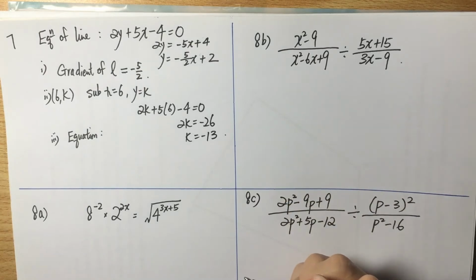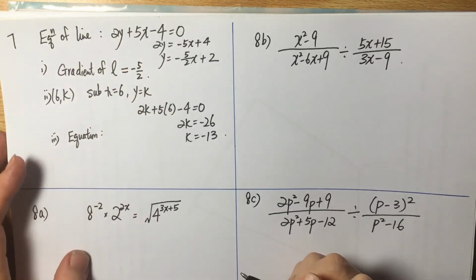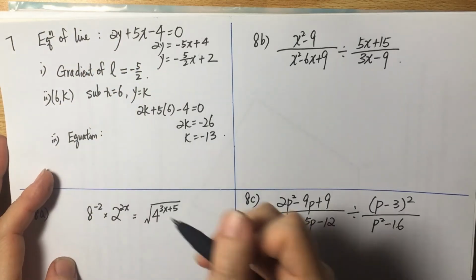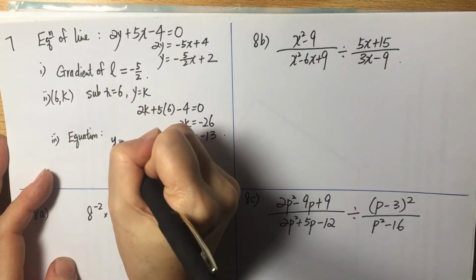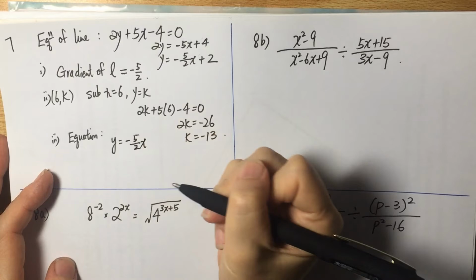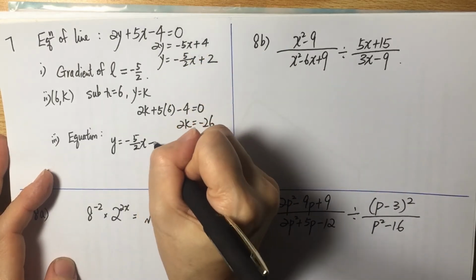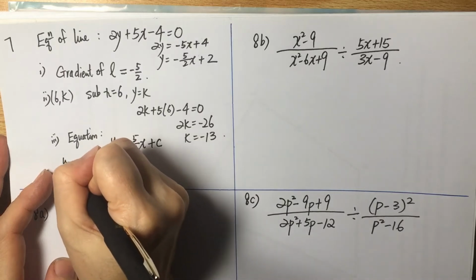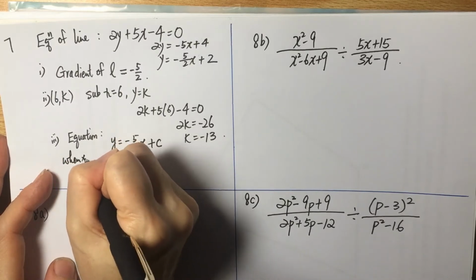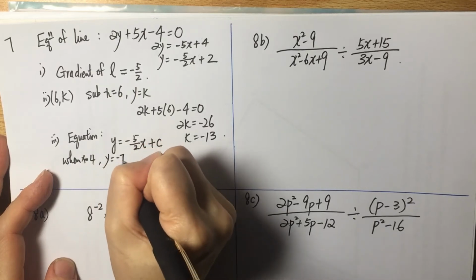Next you want to find out another line parallel to this given line, and then it passes through the point (4, negative 7). So the equation, we write it to be, because it's parallel, so it has the same gradient. So y equals to negative 5 over 2 x plus c. So when x is equals to 4, y is negative 7.